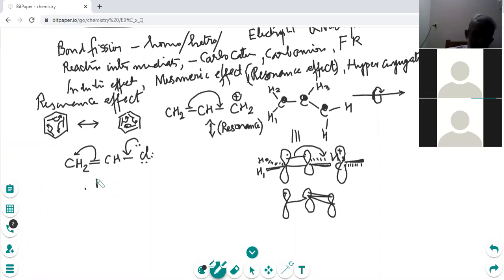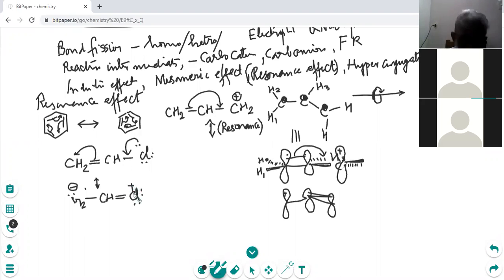So that forms CH2 minus, CH double bond Cl with a positive on the chlorine. Why does the chlorine get a positive? Because it has donated 2 electrons to form a bond.